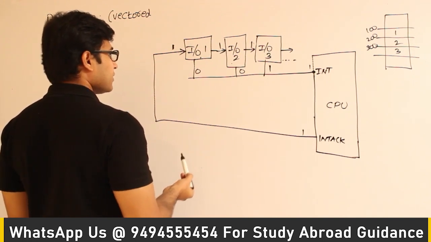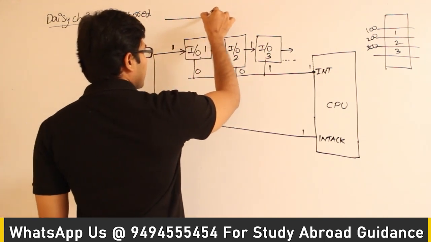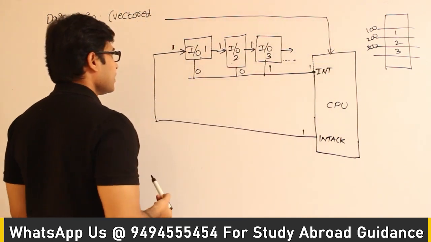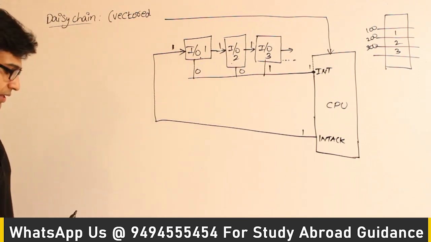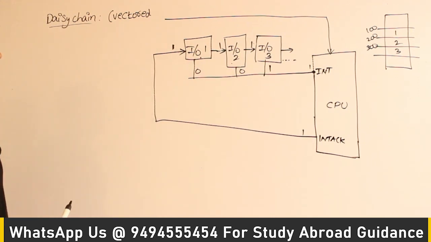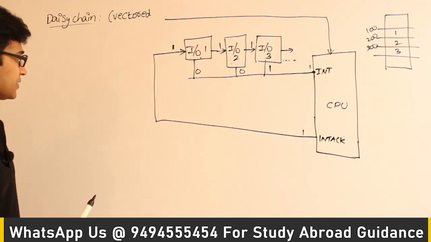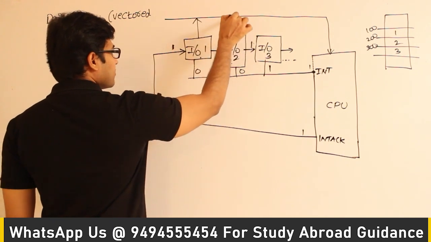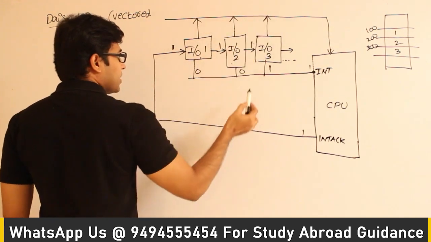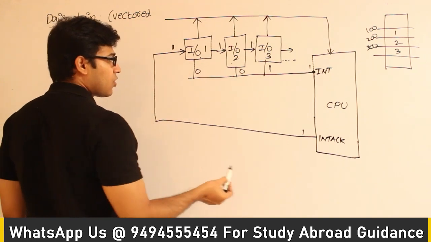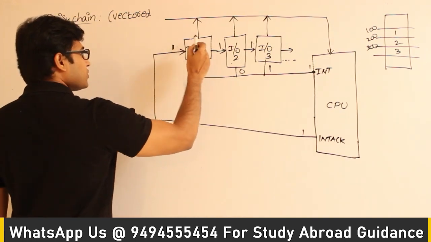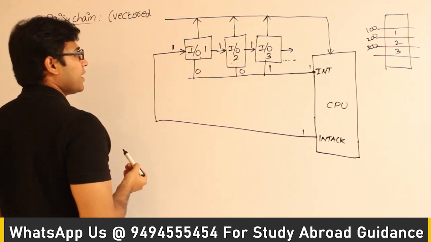So for that reason there will be a bus. Generally we will use the data bus itself. So all the IO devices are also connected to a bus, either the IO bus or the common bus or the data bus, whatever it is, there has to be a bus, right? And now we are going to connect the IO devices to this bus, and depending on which one caught the acknowledgement, that particular device is supposed to transfer its address, right?